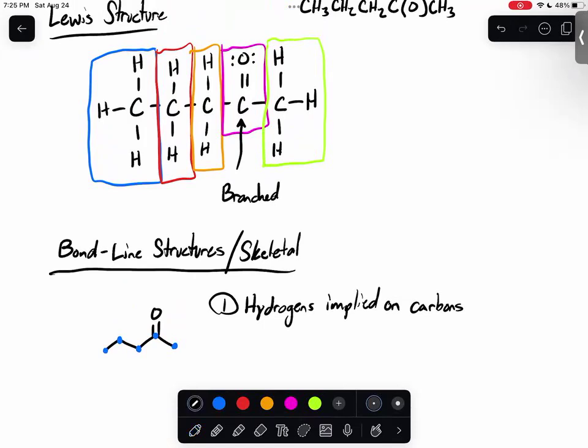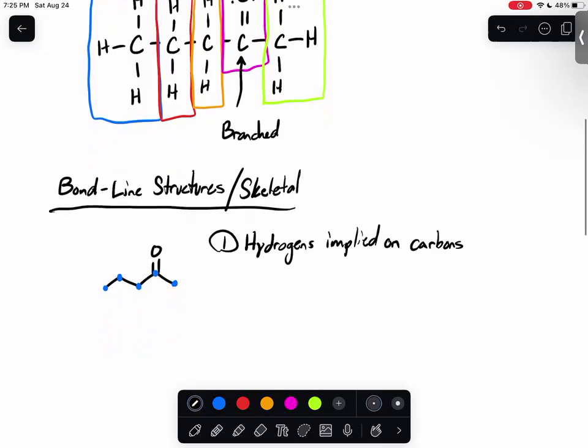And whenever we're looking at this rule that hydrogens are implied, it essentially means that based on how many bonds you see to that carbon, the rest are hydrogens. So up top, we see that this on the very left-hand side is a CH3. Down here in the skeletal structure, we see that this carbon has 1 bond shown. And as we know, carbon has to have 4 bonds to be happy.